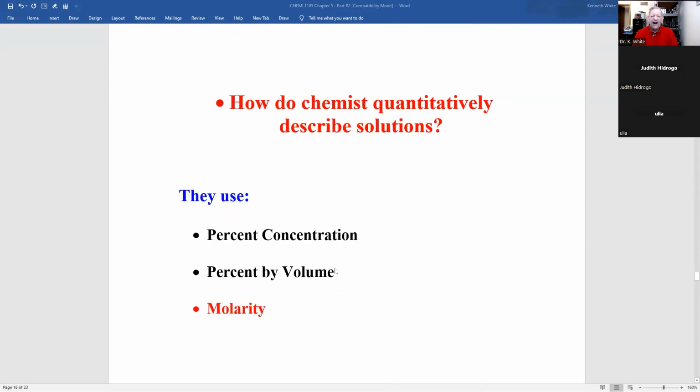Now, how do chemists quantitatively describe solutions? If we're face-to-face in a lab, and I ask two students, here's some salt, here's some water, make me a salt solution, they could mix different amounts of salt, each one, in different amounts of water.